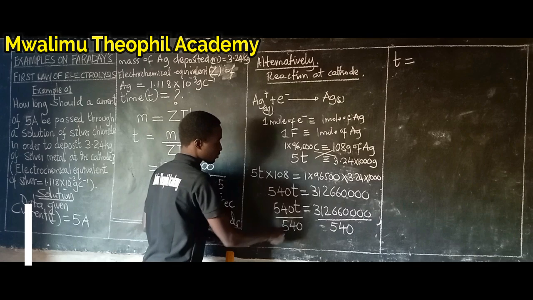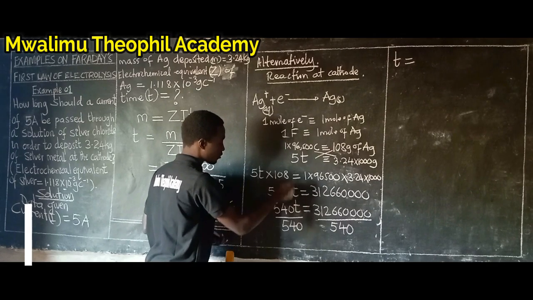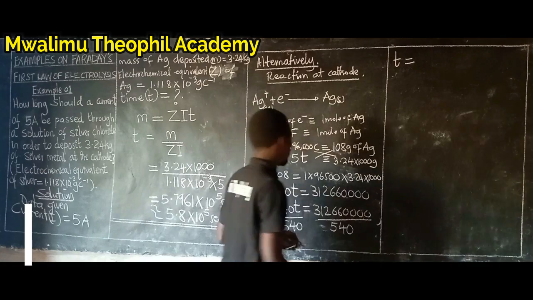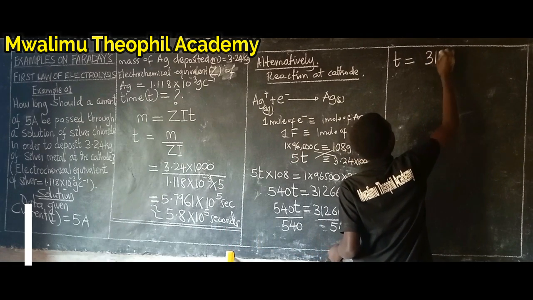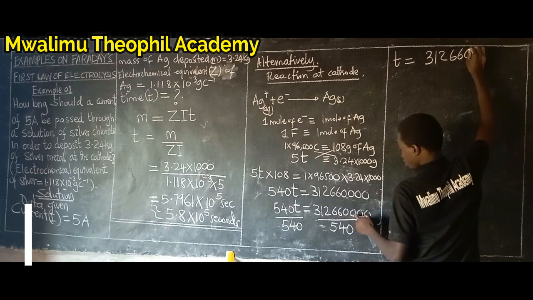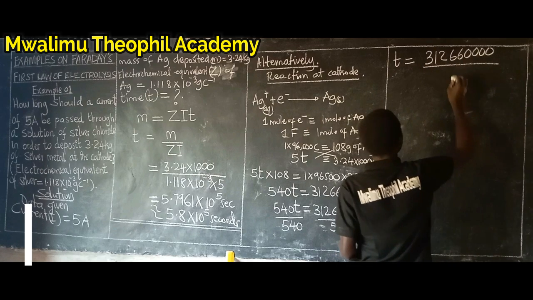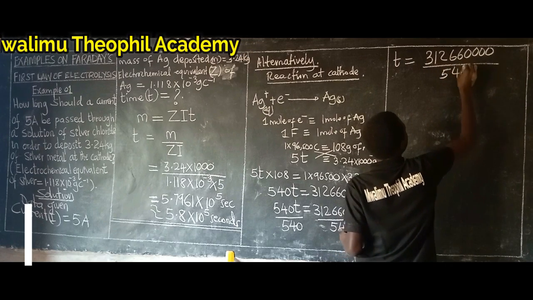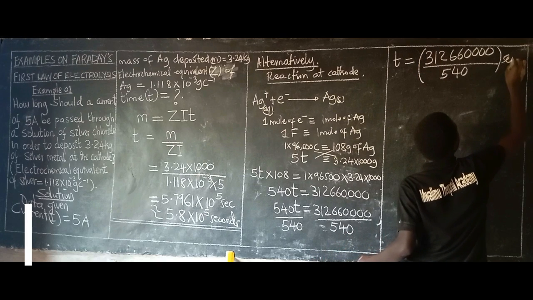On this side the 540 is going to cancel out. Here we are going to remain with the t. Now our t will be equal to 312,660,000 over 540. You have to know the answer obtained here will be in terms of seconds, as we are looking for time.